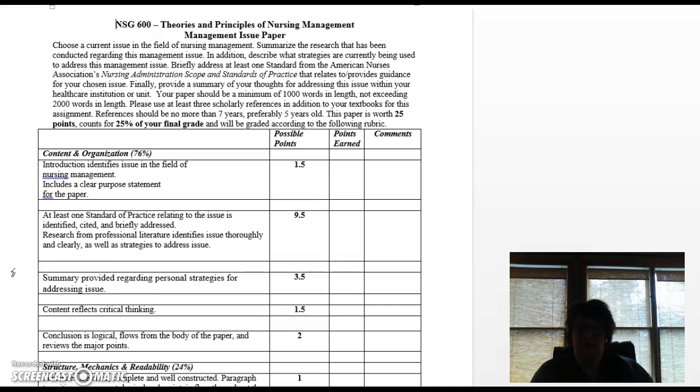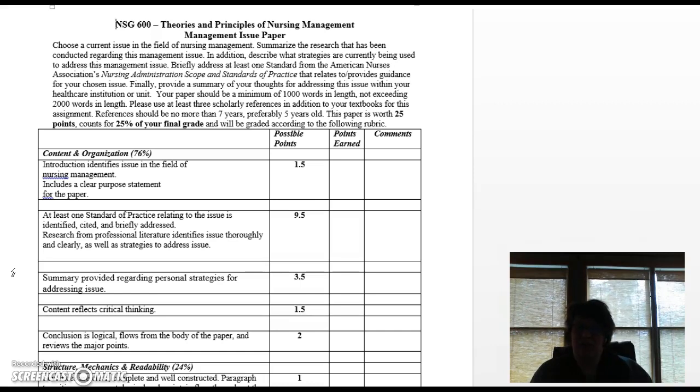Remember that references should not be more than 7 years of age, and usually they should be less than 5 years of age to accommodate for all the changes that are occurring in healthcare. And this paper needs to be about 1,000 words in length, but don't exceed 2,000 words.